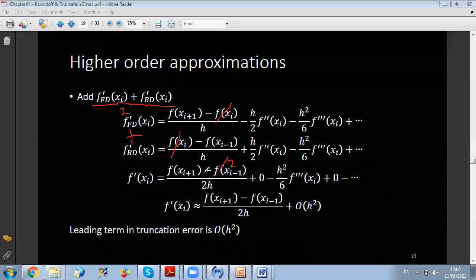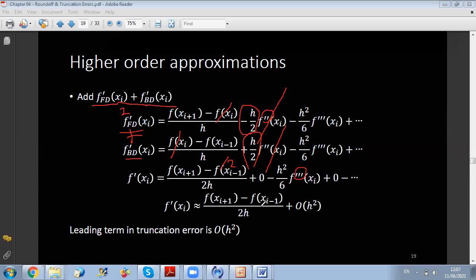And what is nice about the central method is that, after rearranging your terms for the forward and backward method and obtaining f prime, you will see that you have opposite coefficients for the even derivatives. So f second, f fourth, f sixth, you will have minus and plus, and they will cancel out. So when you do the summation, you will only have the terms of odd derivatives.